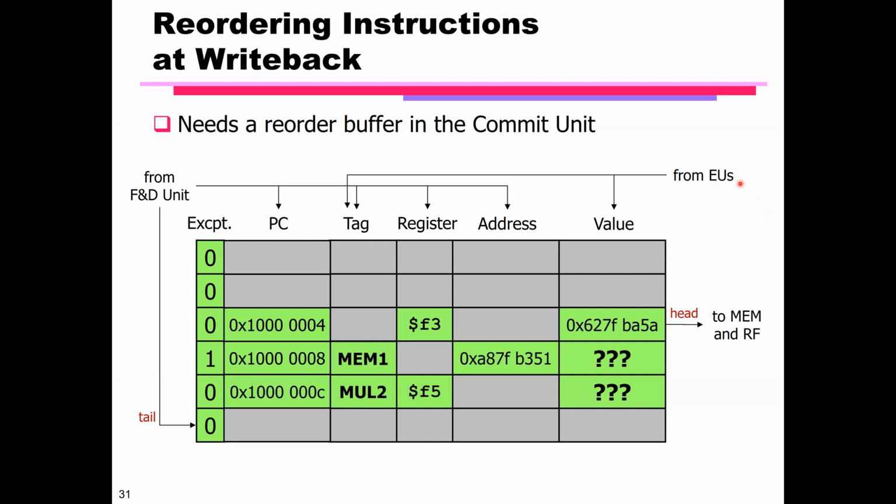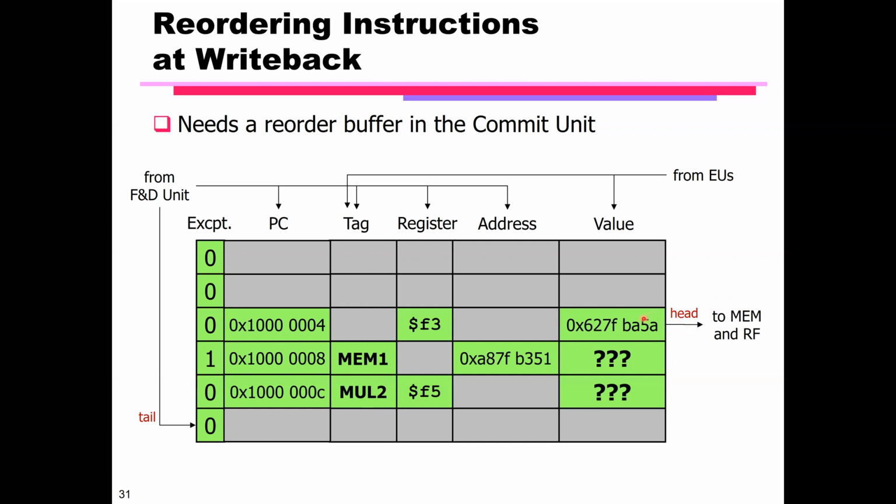I wait from the execution unit all the tag and value pairs, and replace the one instance in this table where this tag was occurring with the value. And the third mechanism that is important here is how do things get out? They get out by looking at the head.